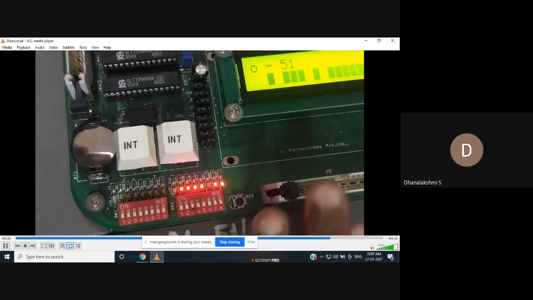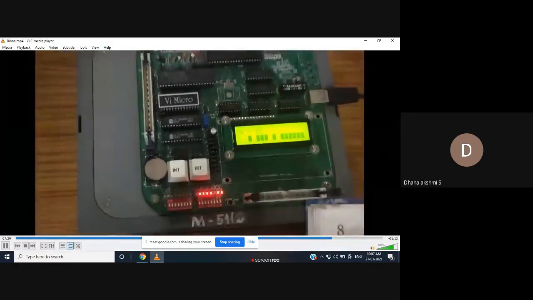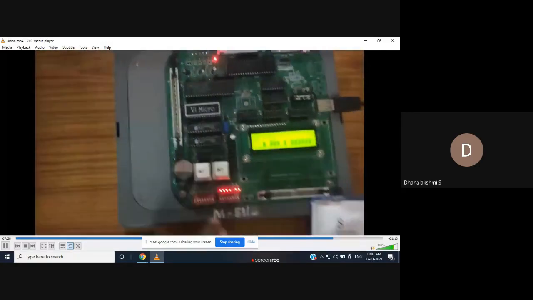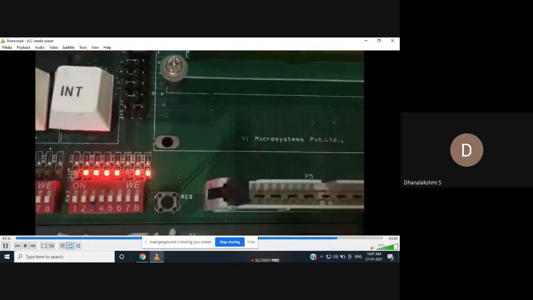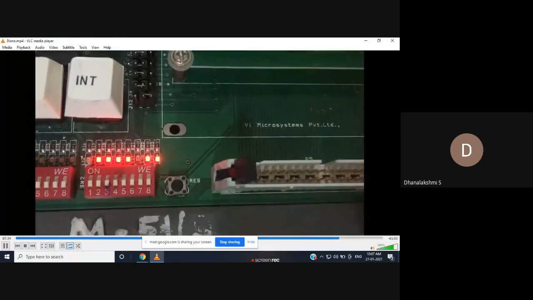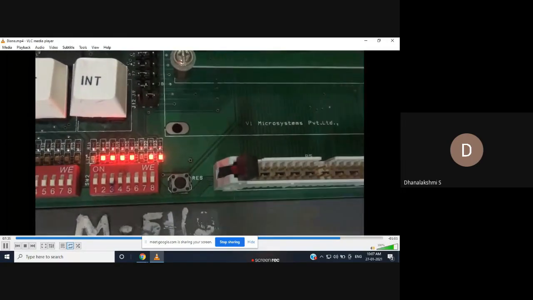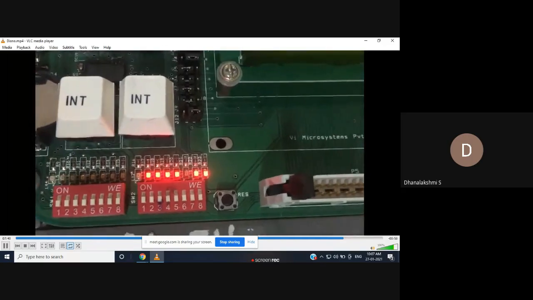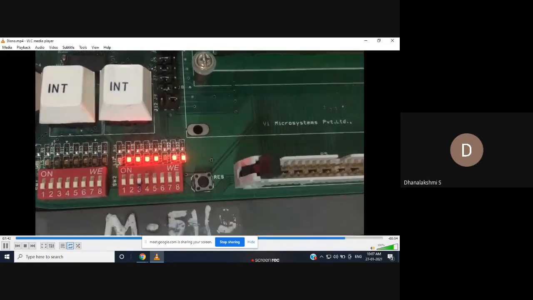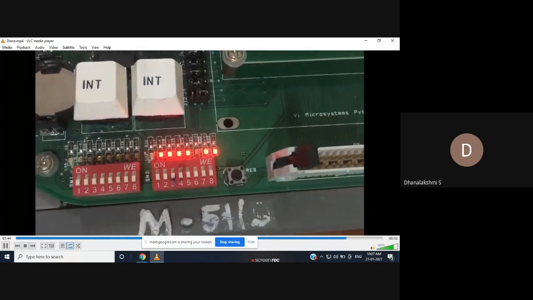So I think I have explained about all these ICs, switches, buttons, etc. And here you have the reset button in case this LCD is not powered well, you can reset it. And if you want to code from the beginning, you can use this reset button.